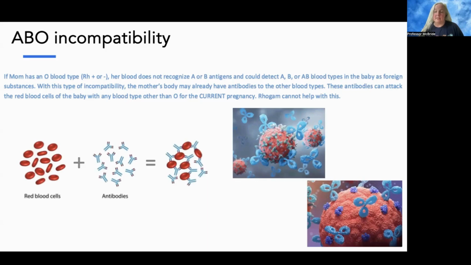If this happens, it breaks down the red blood cells and it puts the baby at risk of hyperbilirubinemia because the bilirubin is released with the breakdown of red blood cells. This is not typically as significant as the Rh incompatibility in the severe anemia and the things that can cause, but this definitely can be a setup for jaundice for the baby.